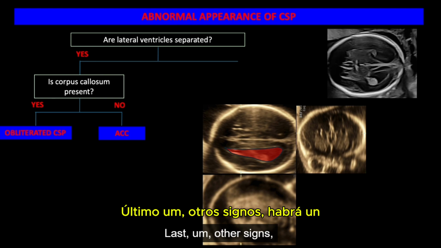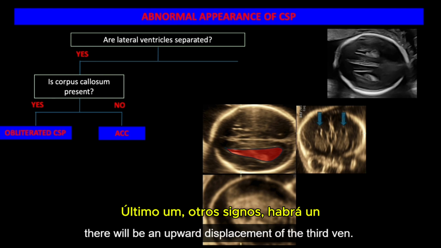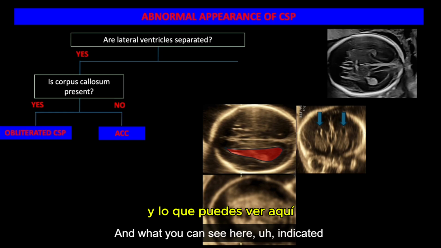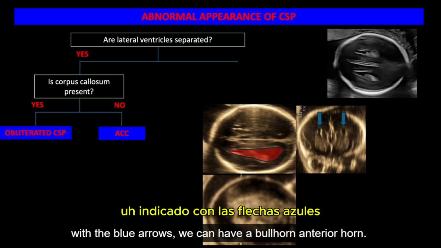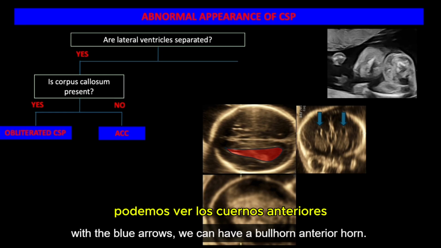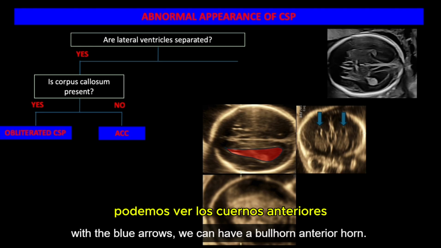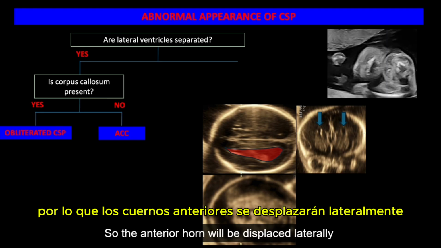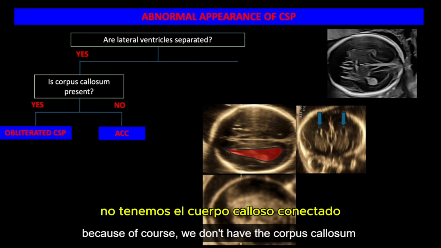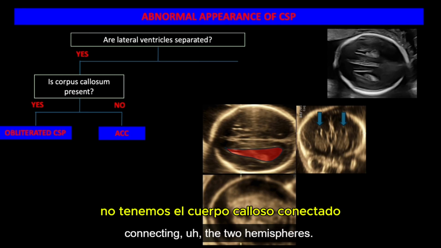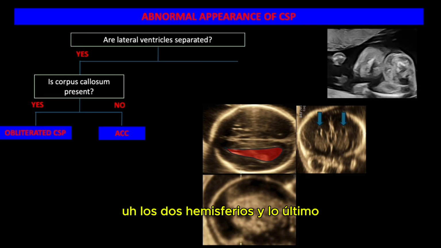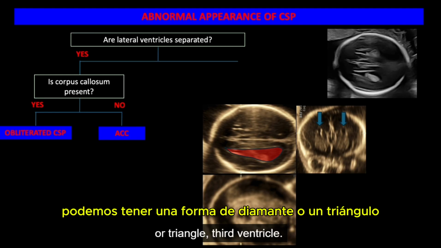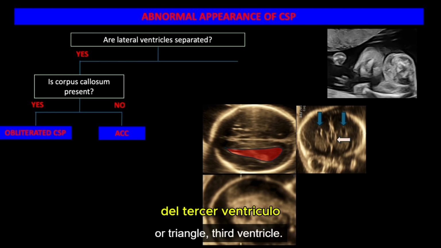Other signs: there will be an upward displacement of the third ventricle, and what you can see here indicated with the blue arrows, we can have bull horn anterior horns. So the anterior horns will be displaced laterally because, of course, we don't have the corpus callosum connecting the 2 hemispheres. And the last thing, we can have a diamond-shaped or triangular third ventricle.